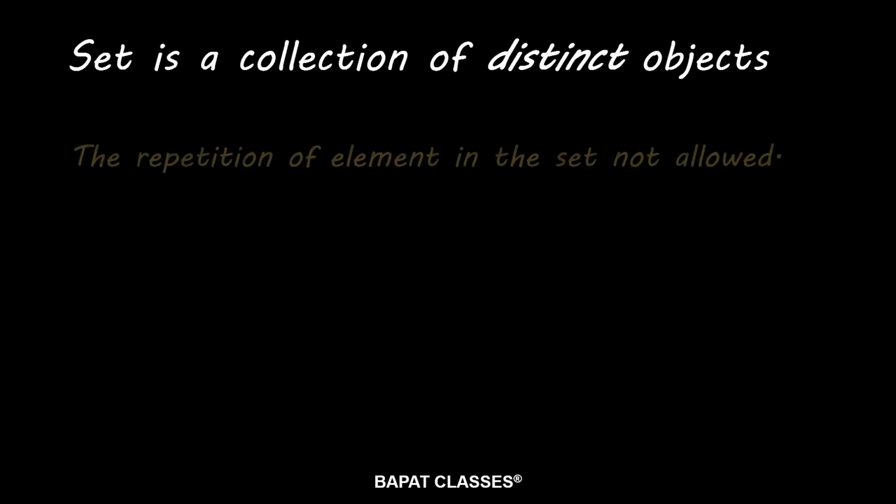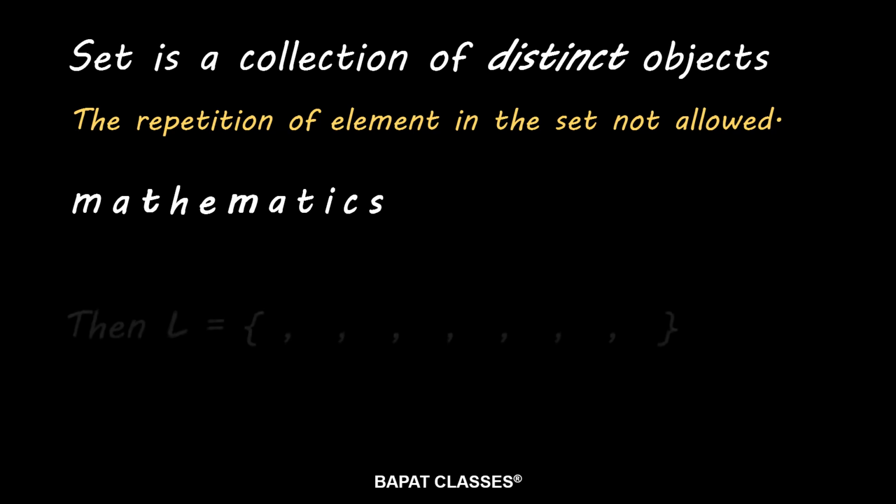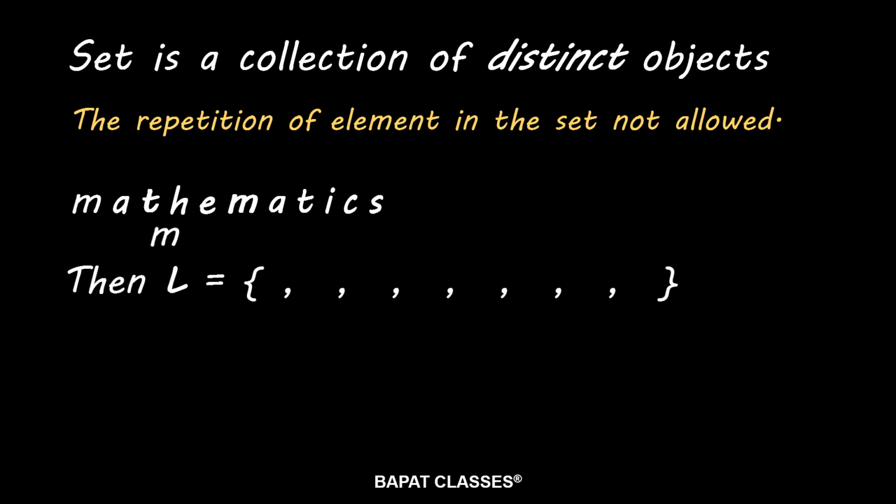Set is a collection of distinct objects, different objects. The repetition of elements in a set is not allowed. For example, let L be the set of all letters in the word mathematics. Then L = {M, A, T, H, E, I, C, S}.